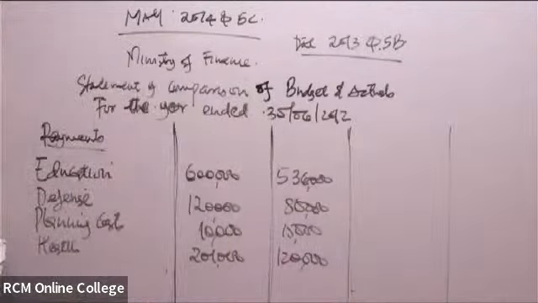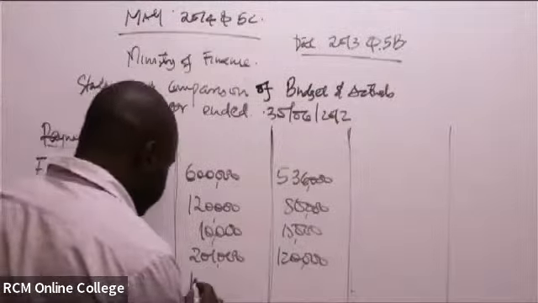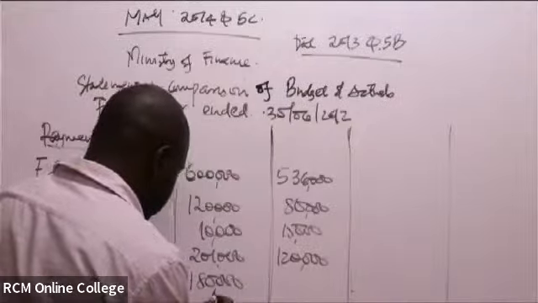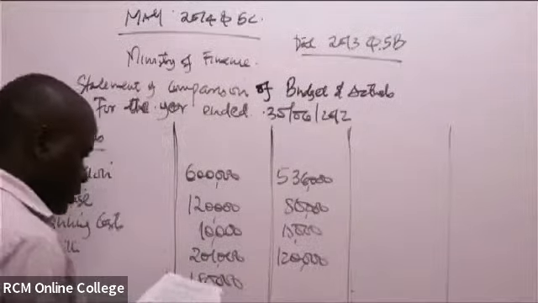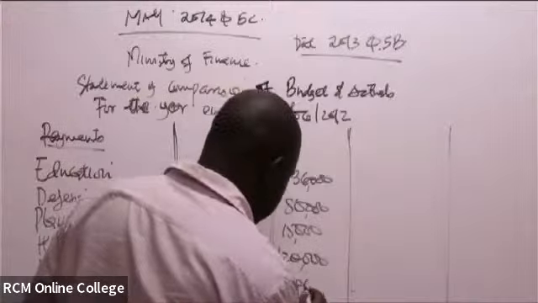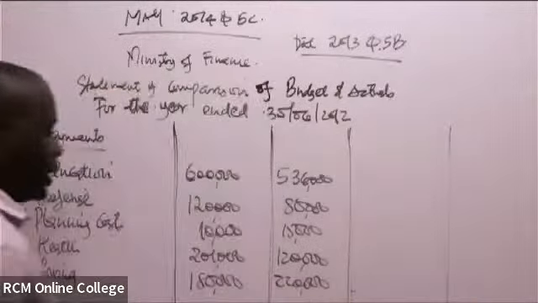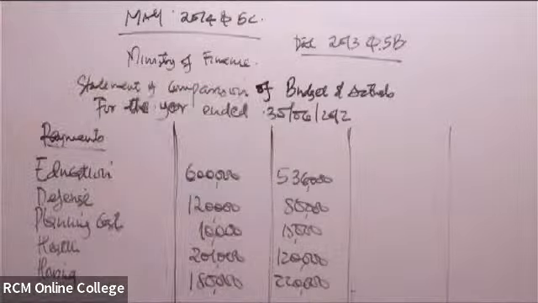Then the housing ministry. They were anticipating they'd spend 180 billion, but in this case they actually spent 220 billion. They spent 220 billion.